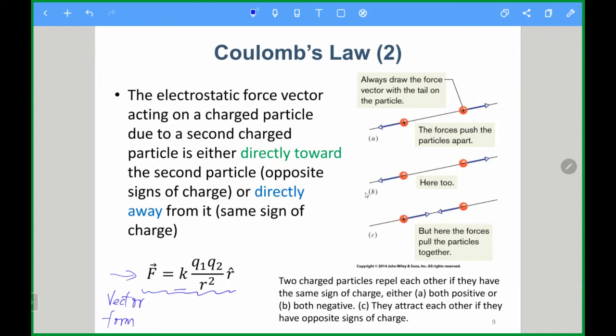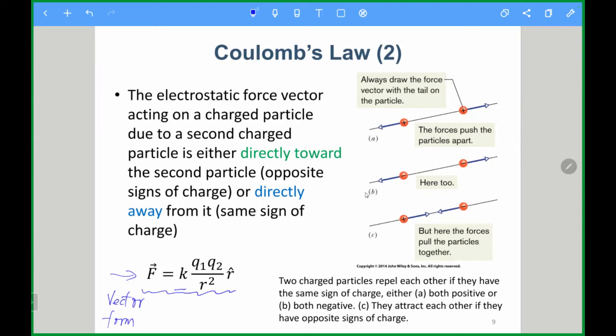In the previous slide, it talks about the force acting between two charged particles. Within this, there are totally 4 cases, because the charge can be either positive or negative for the two charges, so 2 to the second power, which is 4 cases.